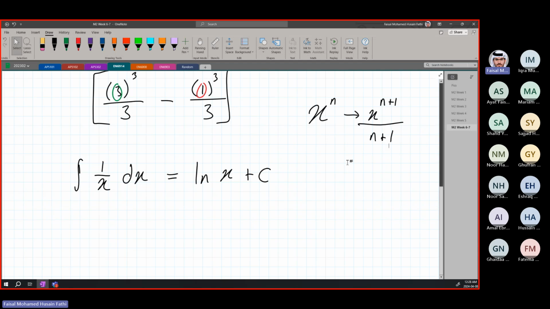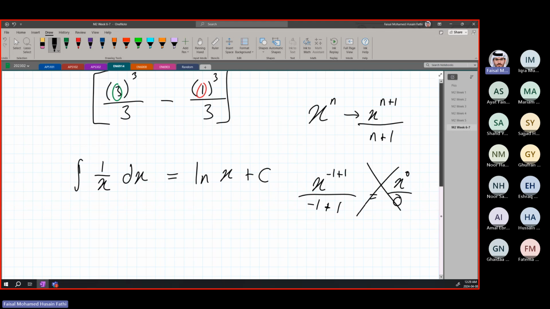You just have to do n plus 1, n plus 1. So in the case of 1 over x, it is x to the power minus 1. If you do plus 1, this will become 0. So it's going to be minus 1 plus 1. Minus 1 plus 1 is 0. Meaning x to the power of 0 over 0. You cannot divide by 0, so this is wrong. So you have to automatically remember, no, okay, this has to be ln x then, so you don't get confused. It's 1 over x. The integration of it is ln x plus c. All right.